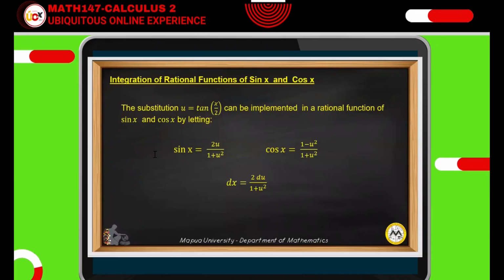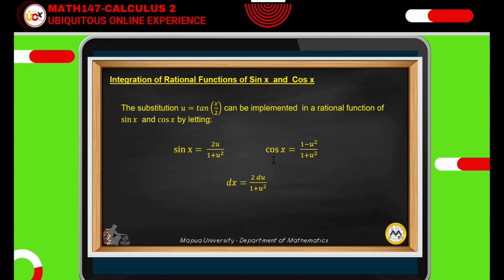Half-angle substitution is based on the half-angle identity for tangent, and we are going to use this for integration of rational functions of sine x and cosine x. Here, we have the substitution for sine of x, which is equal to 2u over 1 plus u squared.